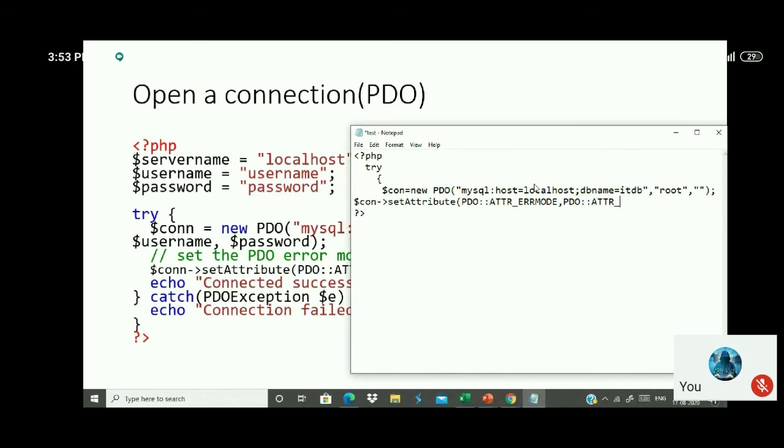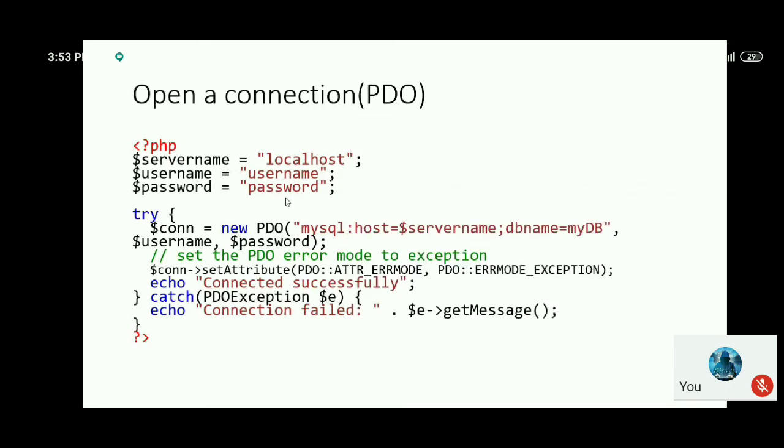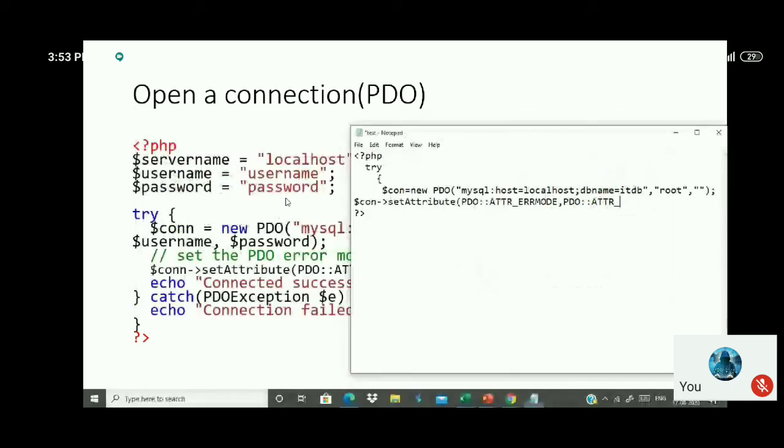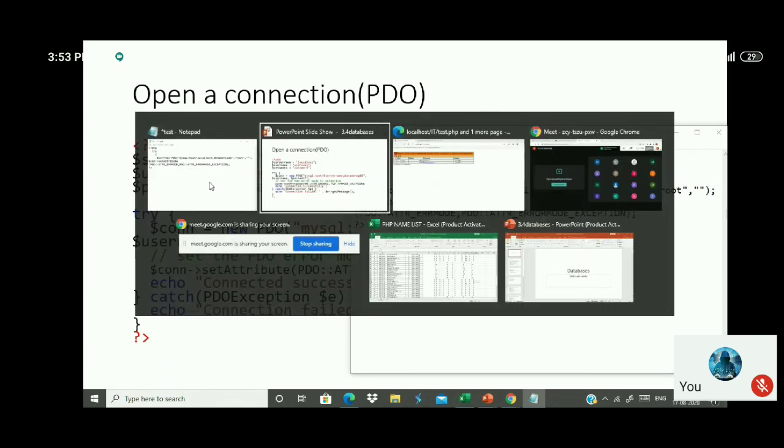That mode is not mandatory, but a better way of using it helps you to do the program better. So error mode, exception. Okay, so this is the second idea behind this.